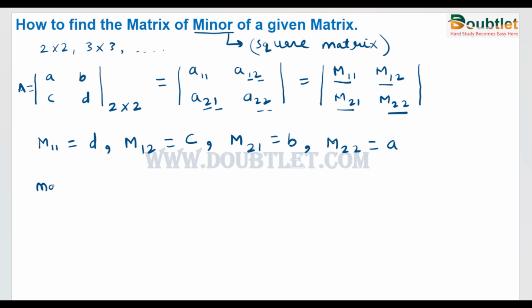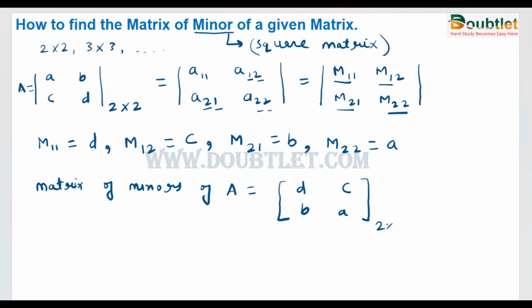So the matrix of minors of A we can write as: this is D, this is C, this is B and this is A. So this is for the 2 cross 2 matrix, and it is also a square matrix.